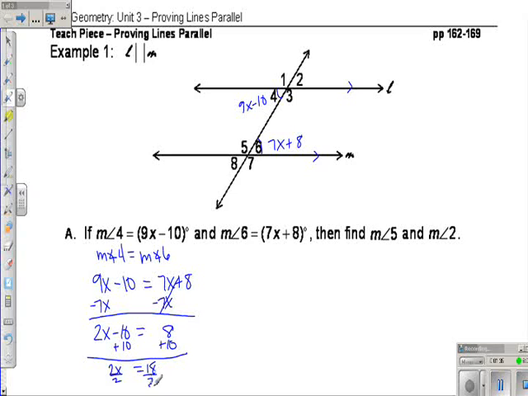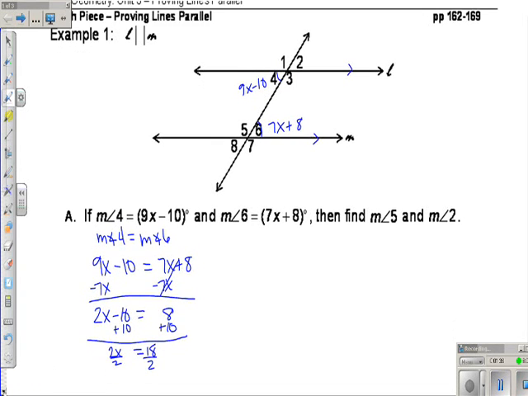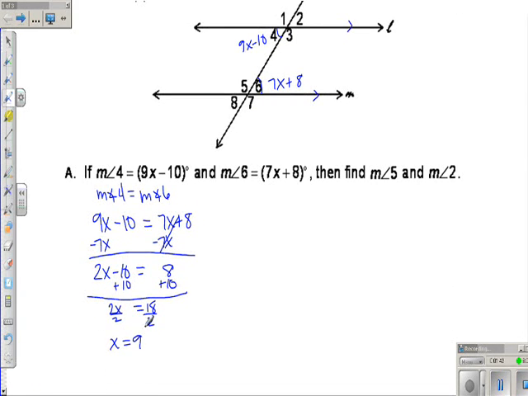So we know that x equals 9. Well, if x equals 9, I can now plug that back in. 9 times my x, which is 9, minus 10 would be 81 minus 10, which is 71 degrees. So I know that the measure of angle 4 is 71 degrees.